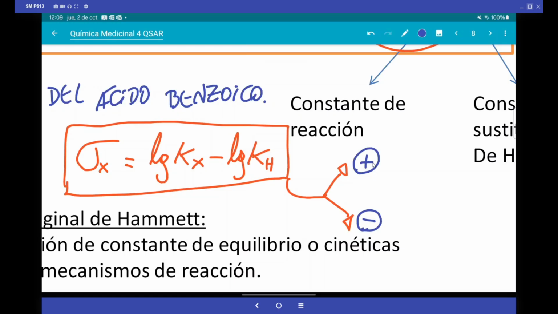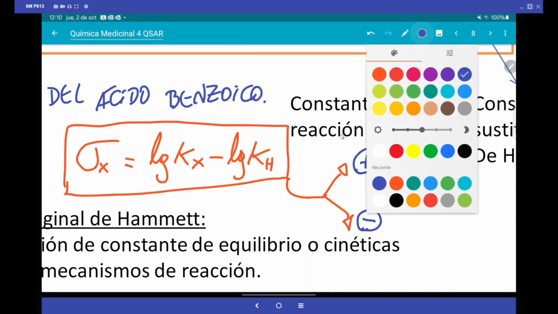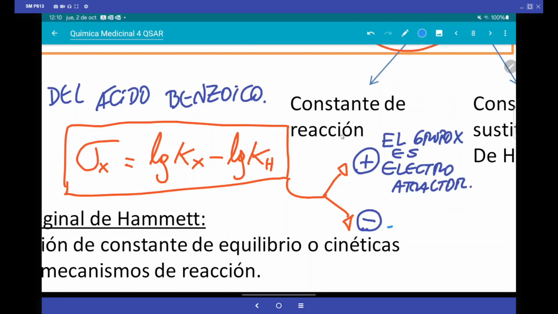Then, based on the reasoning that we have just done, if it is positive, it means that group X is the attractor group. But if it is negative, the X group is the electron donor group. They are different things. The attractor, the donor, then example.